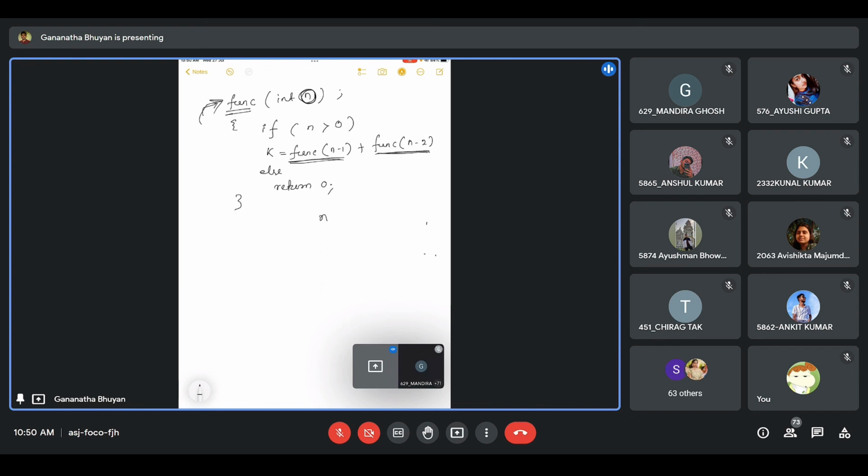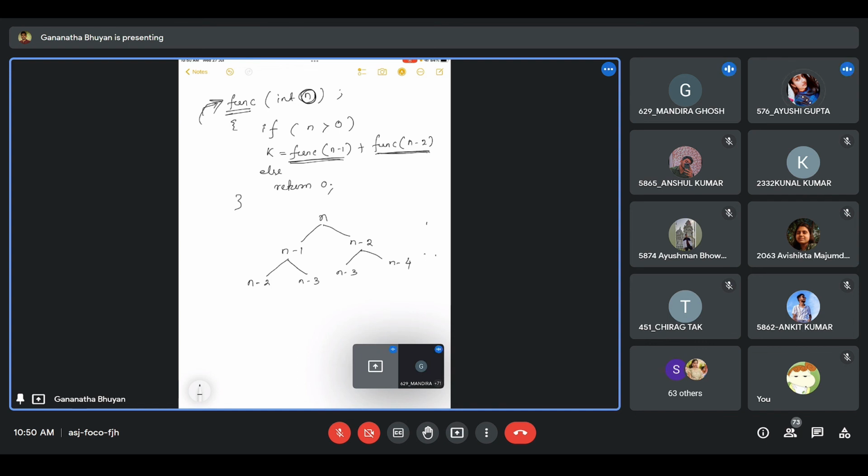This is the initial call, and inside that, we are calling it twice, once for n minus 1, once for n minus 2. Similarly, for n minus 1 it will call twice, for n minus 2 and n minus 3, and for n minus 2 again it will be n minus 3 and n minus 4. Are you getting it?